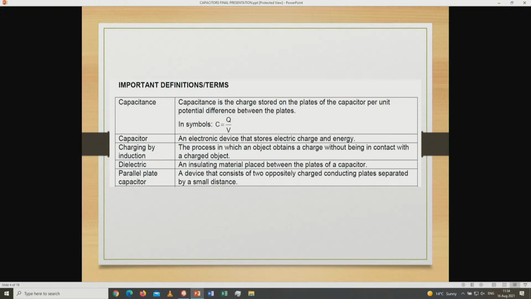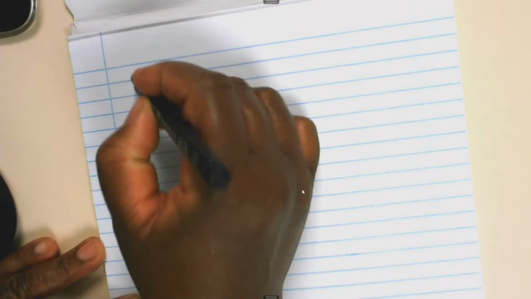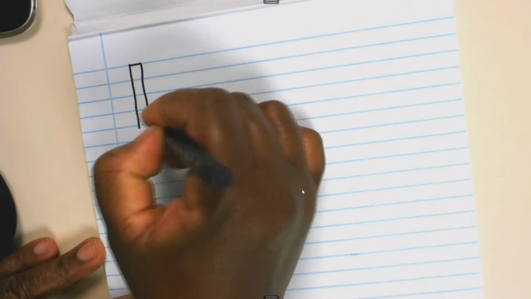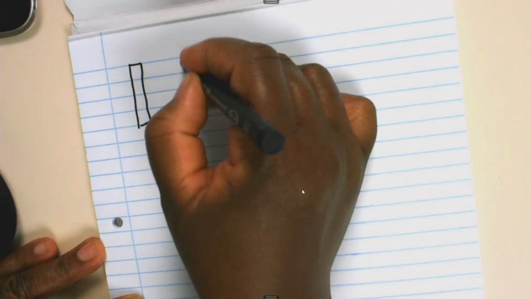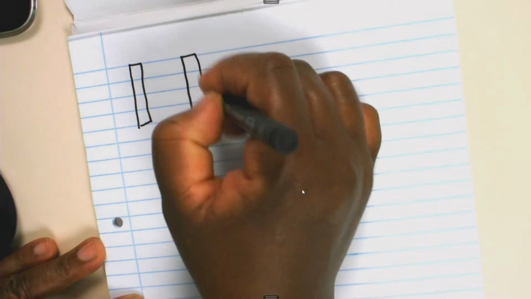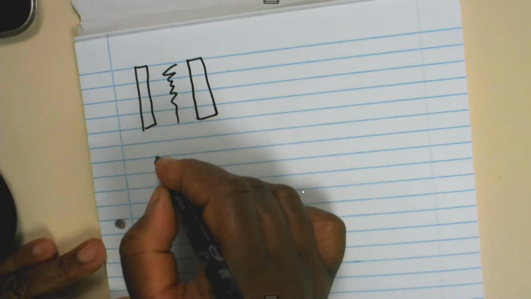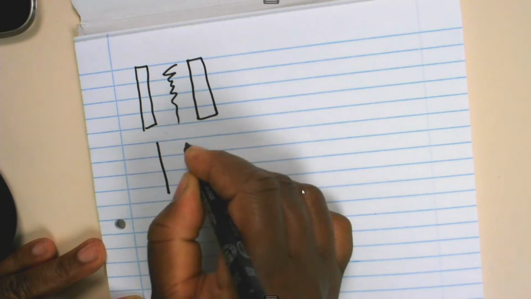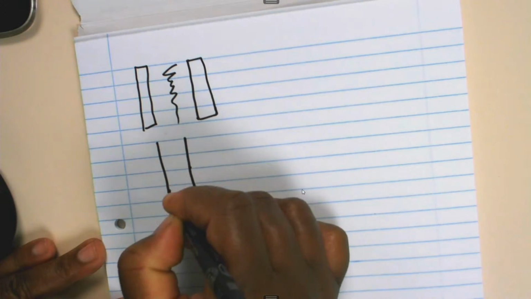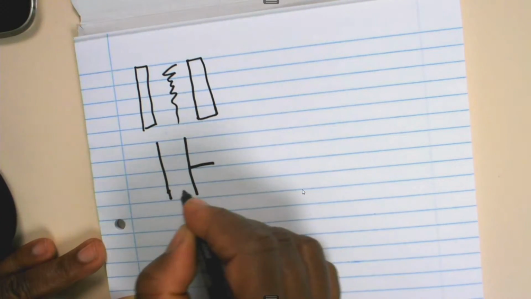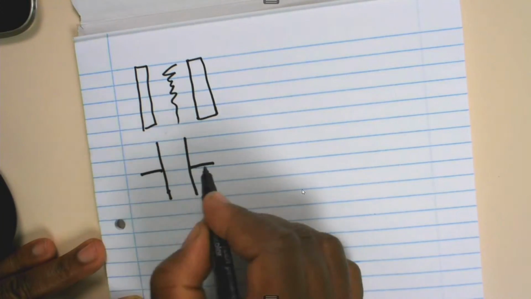Right. Then let me just show, as they define capacitors, the types of capacitors that we are going to be faced with. This is how we indicate a capacitor. There will be a dielectric material in between, but now a symbol that indicates a dielectric: these two lines separated by a distance in between with the conducting wires.